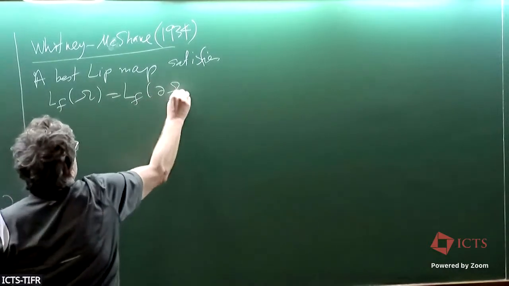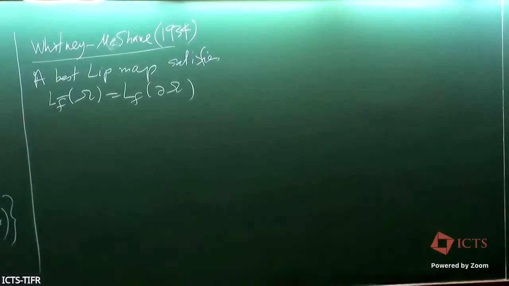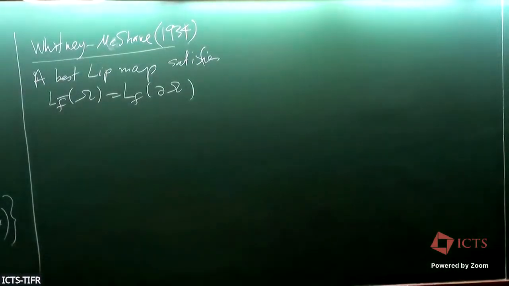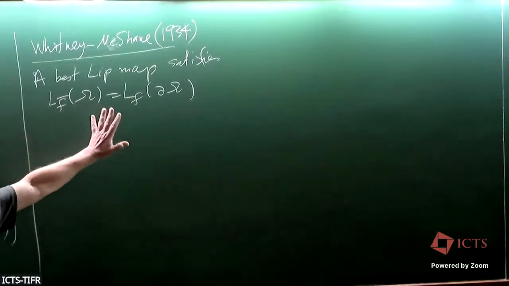So in other words, you can always extend the map to the whole Omega without increasing the Lipschitz constant.